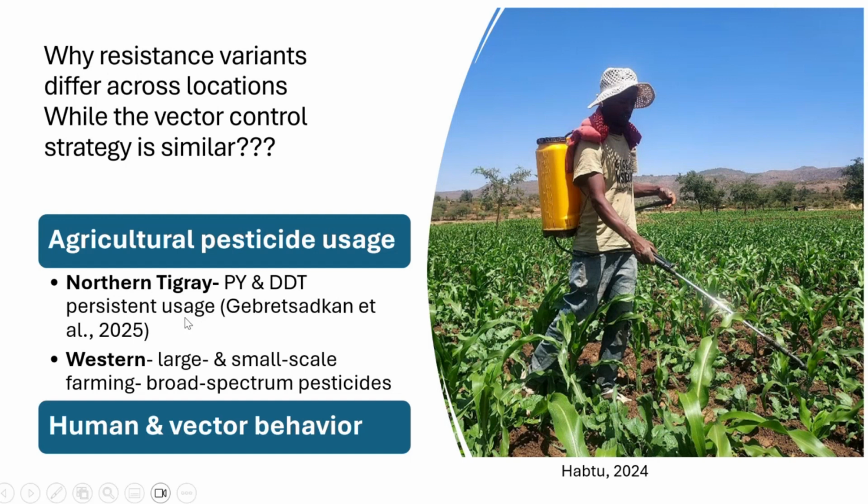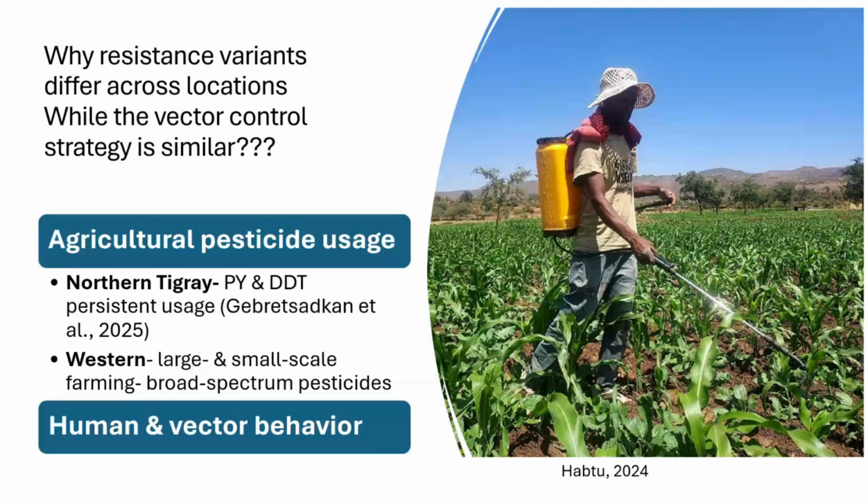For example, in the northern part where most of the areas are highland and cooler, mosquitoes may prefer to rest indoors, so they can have frequent contact with indoor-based interventions like the ITNs, and the frequency of the L995F might be increased.